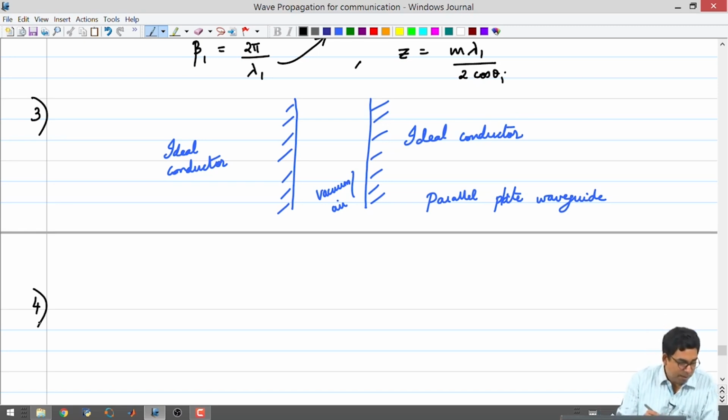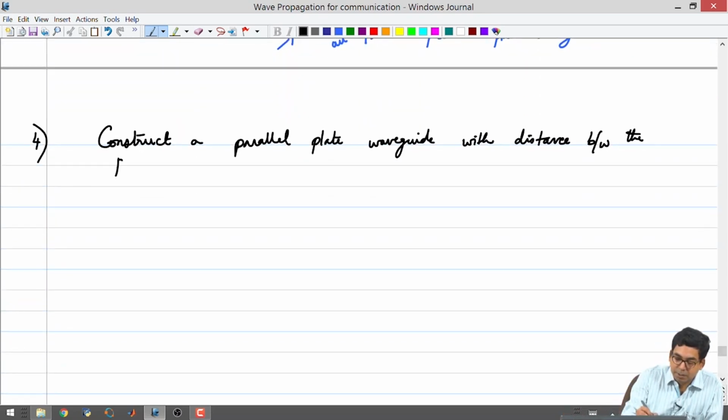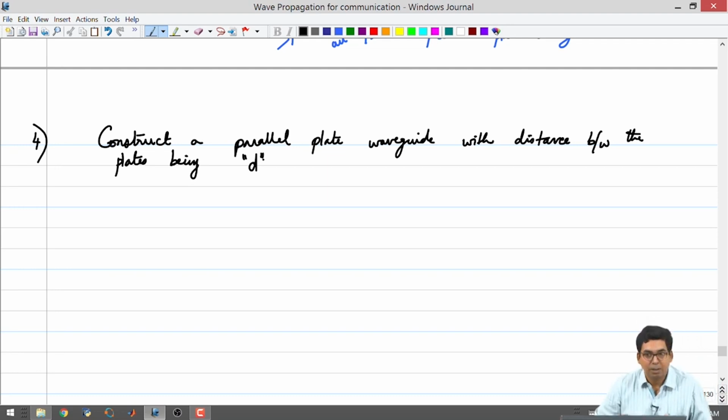So, you can construct a parallel plate with distance between the plates being denoted by d, because it looks like a parallel plate capacitor, right. So, distance between the plates of a capacitor we usually call it with the letter d. So, you can just use d, right.